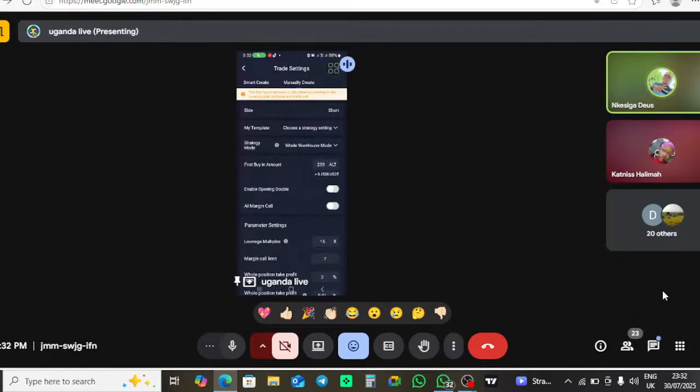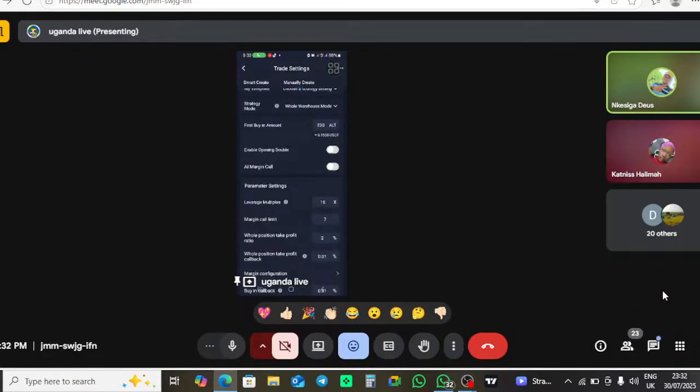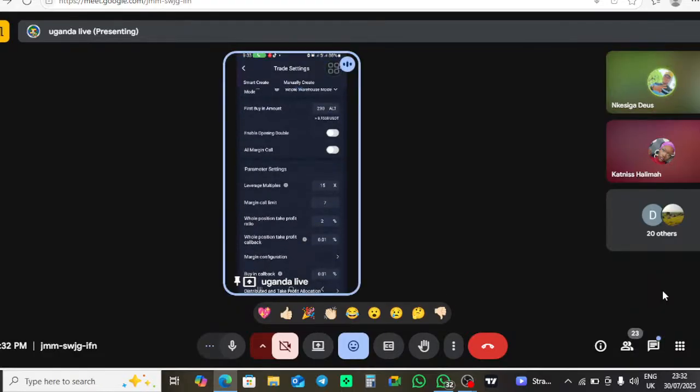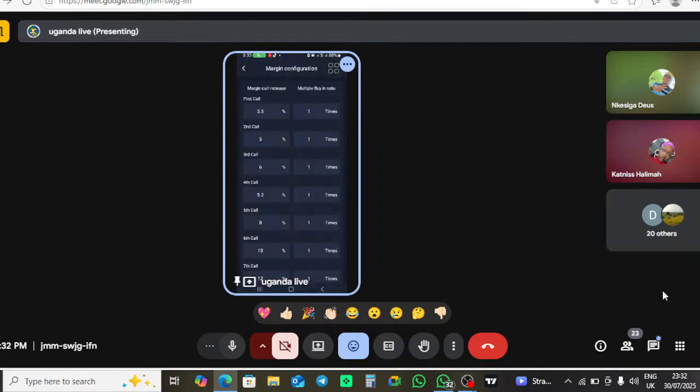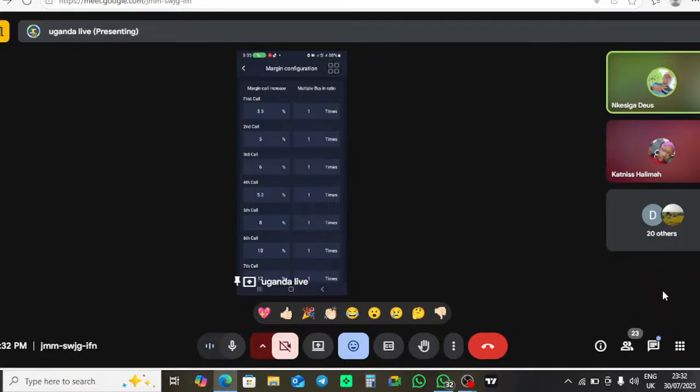In actual sense, it is not $100. And here, margin calls. Then what am I supposed to do right now? It is to reduce the drops, and you can buy margin calls. Reduce those drops of 3.5. That's what we agreed. They are too big.